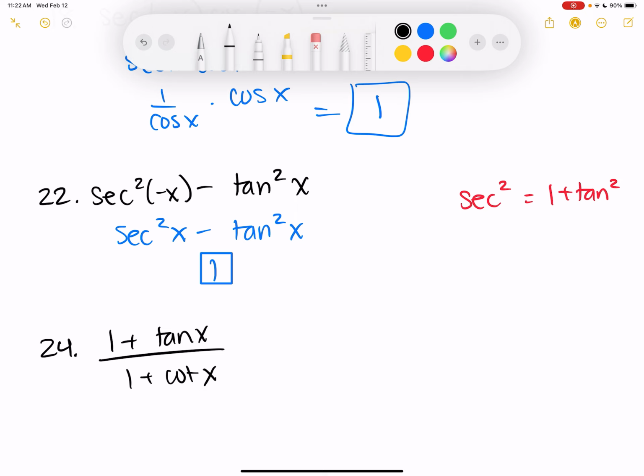So what I would recommend is rewriting in terms of sine and cosine first. So this is 1 plus sine x over cosine x, all over 1 plus cosine x over sine x. Any idea what I might need to do now?